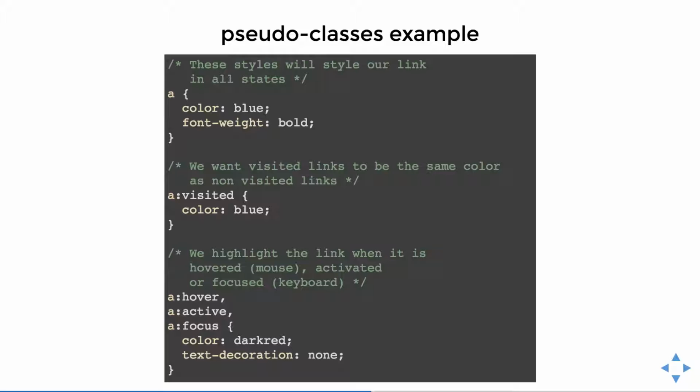A link can have different states: visited, hover, active, focus, right? Maybe some others. But these are very common. You want to style it based on the state of that link. So it's this format right here: visited, hover, active, focus. Does that make sense? All of them are selecting anchor elements, but only when they're in a particular state.